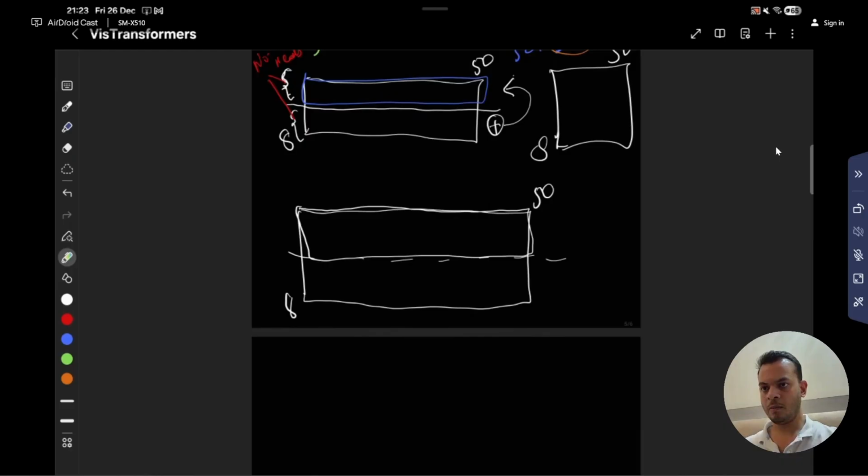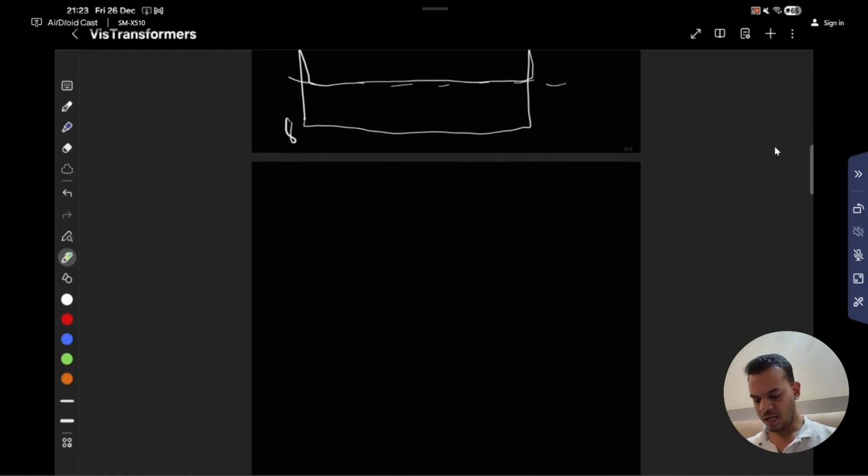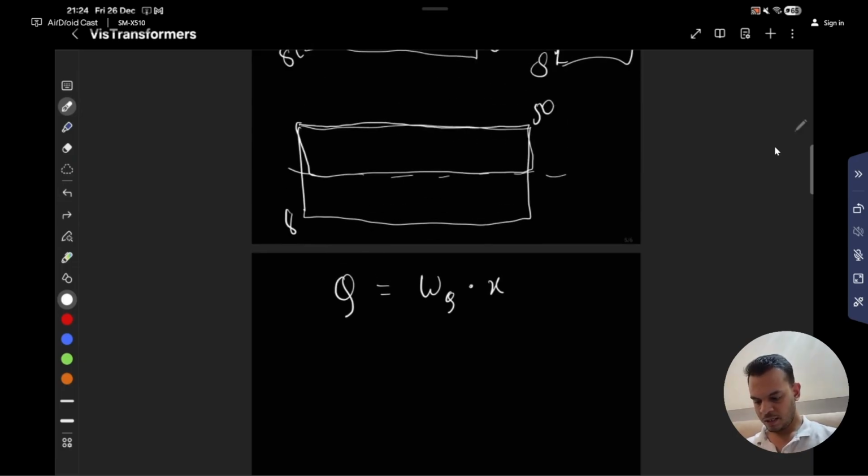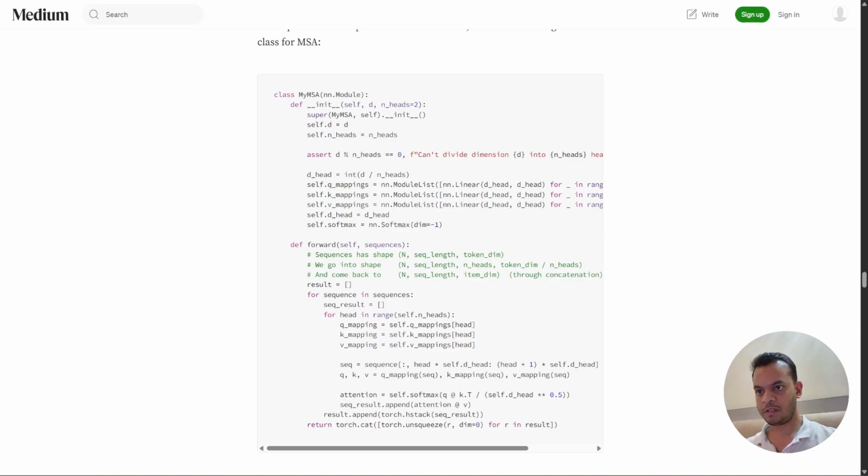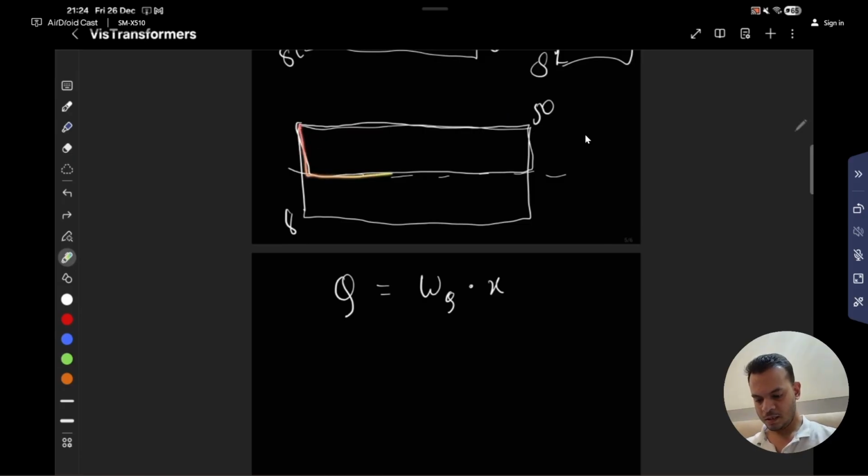So going back to this, what this looks like mathematically is, suppose we are doing it for query, q equals wq into x. So suppose x is our data. In this case, this becomes our x, since it is already divided into 1 and 2. For the first iteration of this loop, this data goes as x.